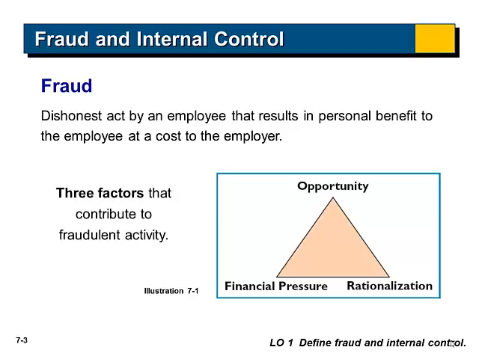So if you are an employee that works in the accounting department and you have the ability to write checks and review invoices and input that information into the accounting records, you have met one point on the fraud triangle. You've met the opportunity. You've got the opportunity to be fraudulent because you can set up this fake vendor and write checks to yourself and then later on cash them. So you've got the opportunity.